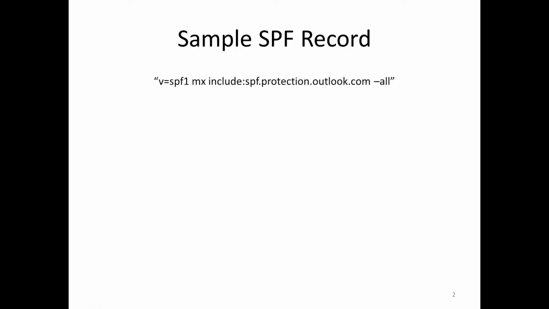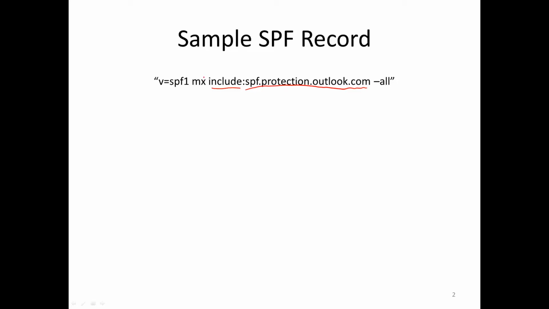For the next example, we can see the include parameter here, which is pointing to another DNS server where the record can be queried. Okay, this spf.protection.outlook.com.